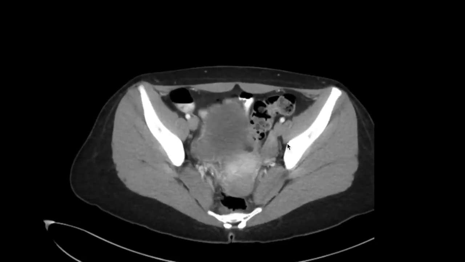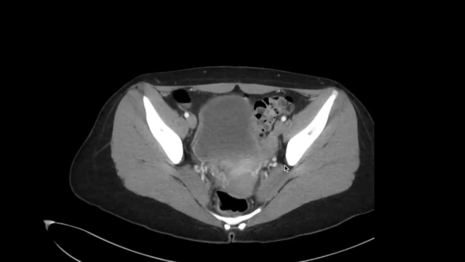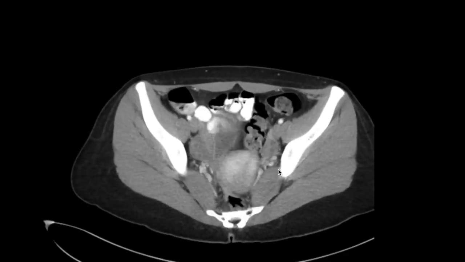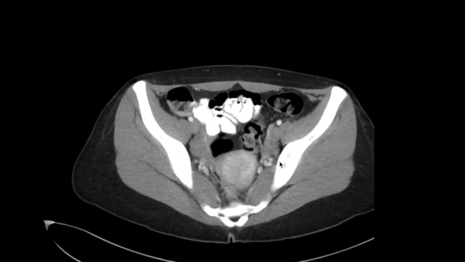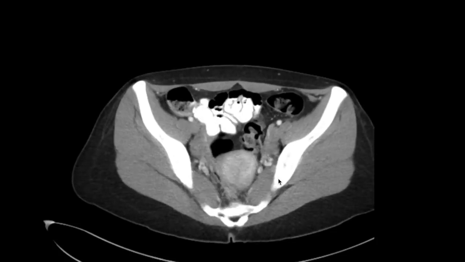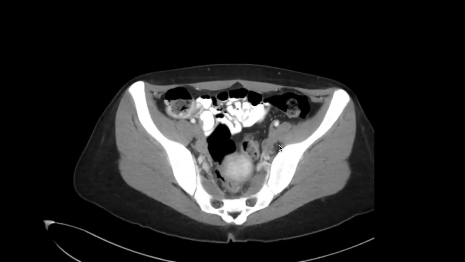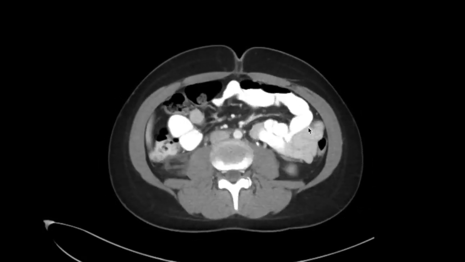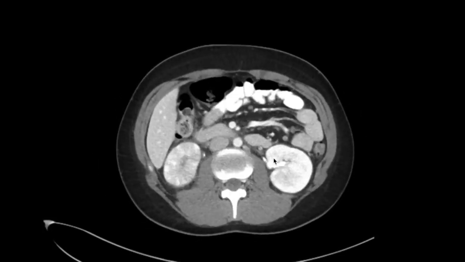Sometimes it can be difficult to find the ovaries. The best way to find the ovaries when you can't find them, specifically if you're looking to see if a mass is coming from the adnexa or the ovary specifically, rather than a mass that's not associated with the ovary, is by following the vascular pedicles. If you follow the vessels down, you can often figure it out. So for example, here is the IVC on the right here, and draining into the IVC directly on the right is the gonadal vein.